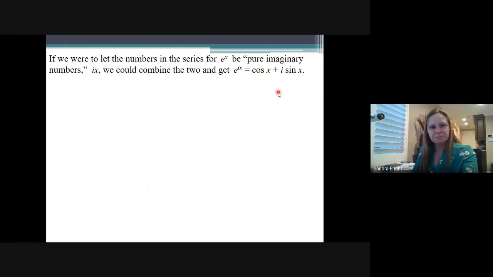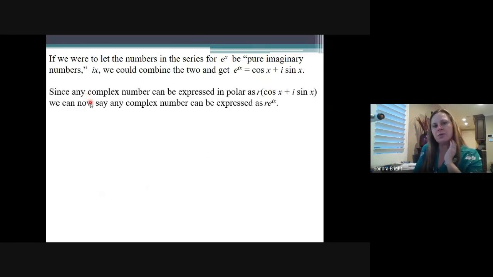And then, if you remember from, I don't remember what chapter it was, but it was the complex numbers in polar form and stuff.